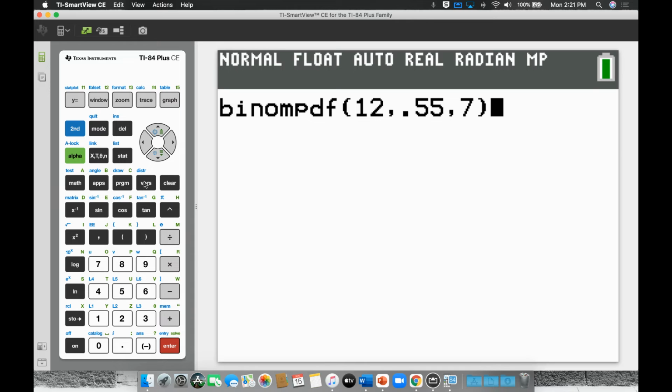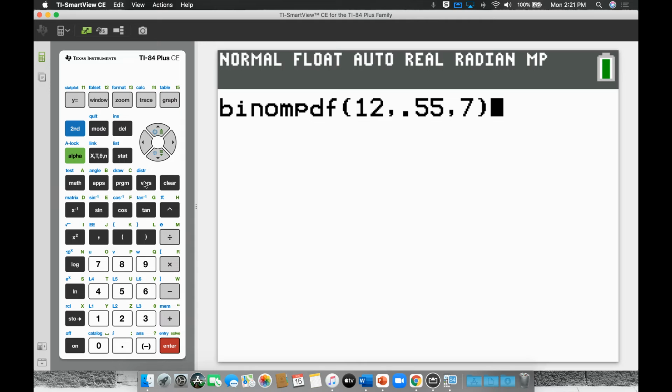It does the same thing, but there are different steps to get there. So you put in N. It's kind of a crapshoot. You grab a calculator, it might have old software. It still does everything, but you have to find the features in different spots.